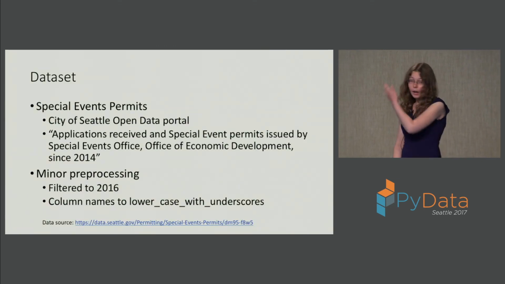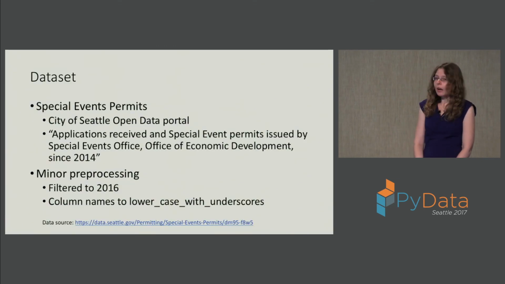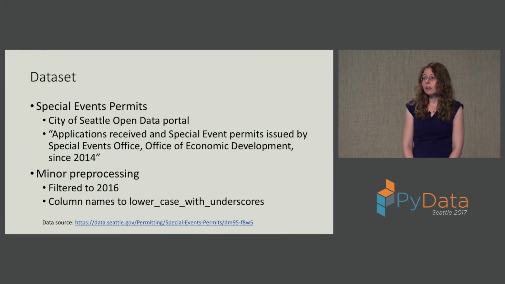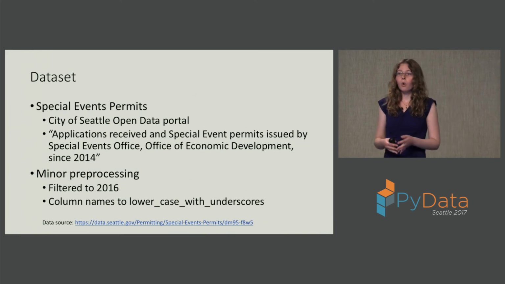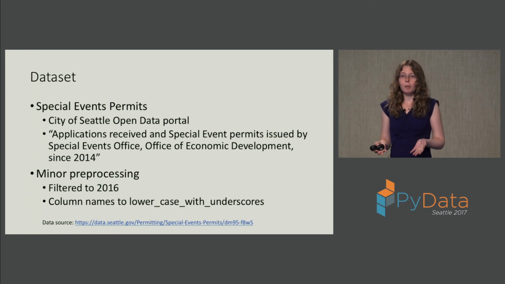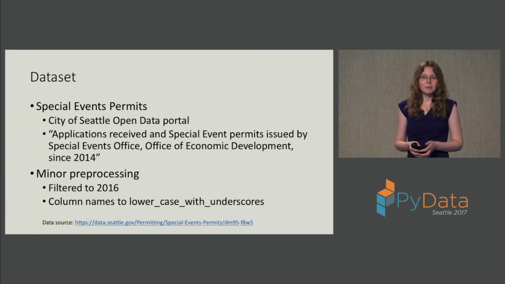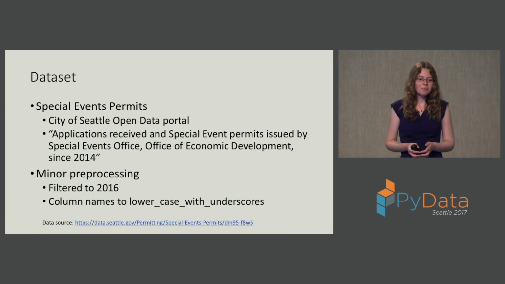So for this talk, I picked out a public data set. Special events permits from the city of Seattle. The city of Seattle has this open data portal where they make a whole variety of data sets open to the public, easy to download, with descriptions, and you should check this out if you want to play around with some local data.